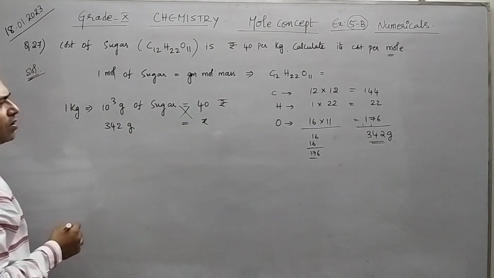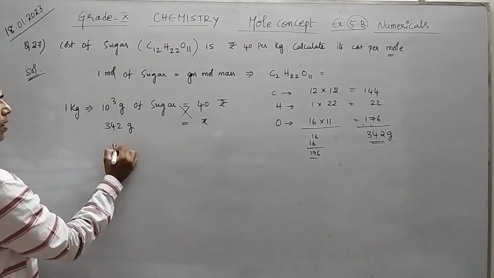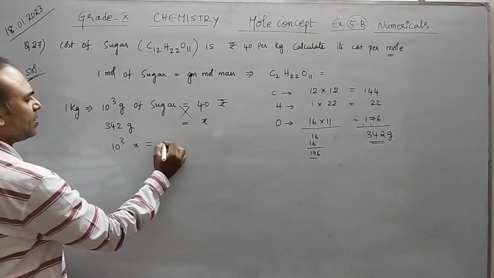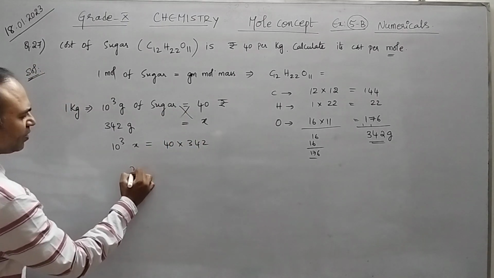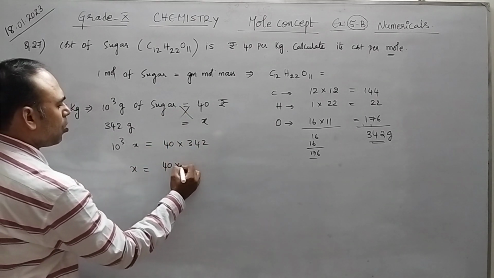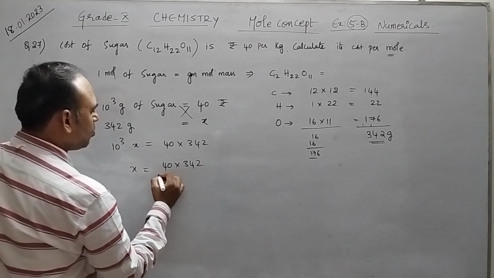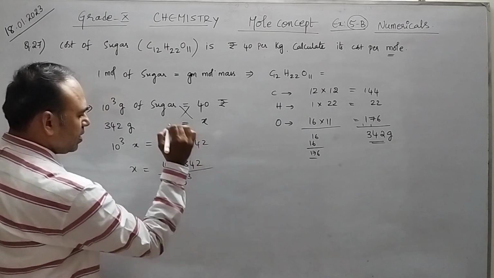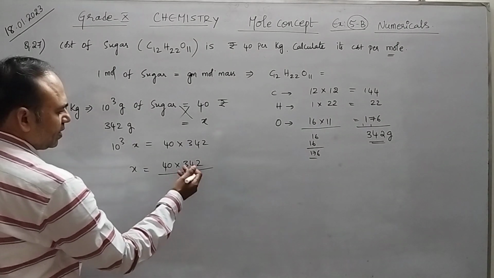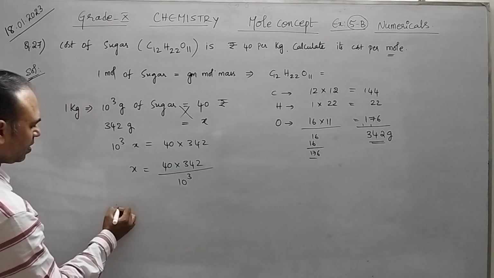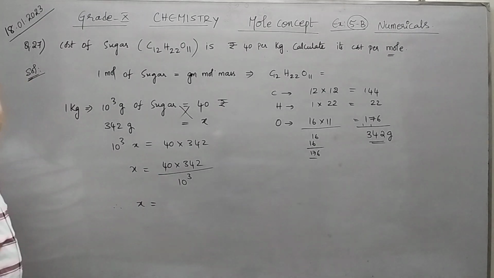Take the cost as x and cross multiply. 10 to the power of 3 x is equal to 40 into 342. Therefore x is equal to 40 into 342 by 10 to the power of 3. You can take it as 1000 also and calculate. I have already calculated and I got 13.68.